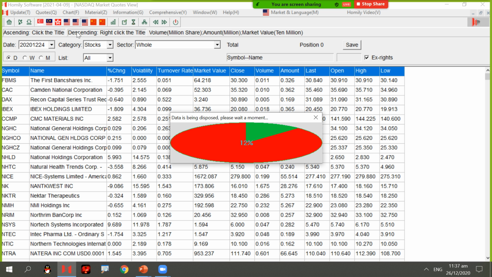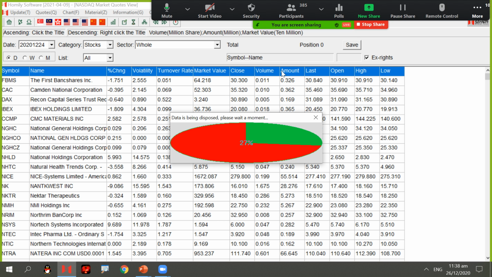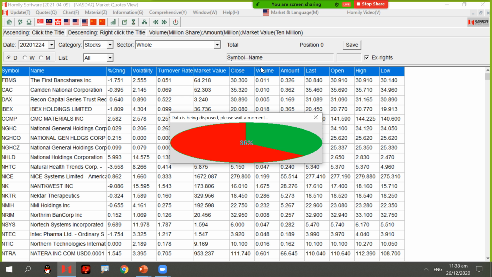We have the name, percentage change, volatility, turnover rate, market value, close, volume, amount. Okay, amount, not volume, right? The volume is in millions, so I'm sure the amount is more than 10 million.